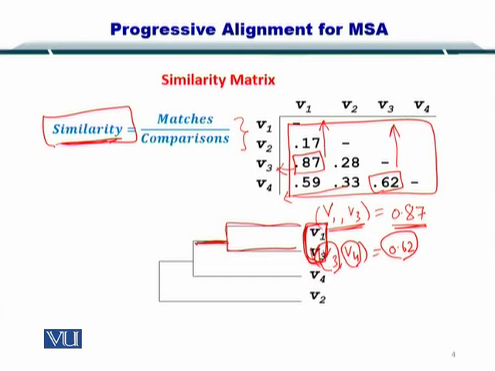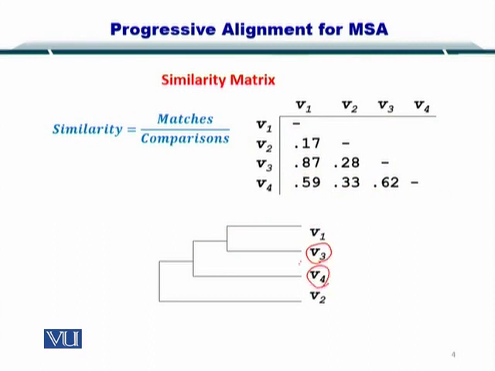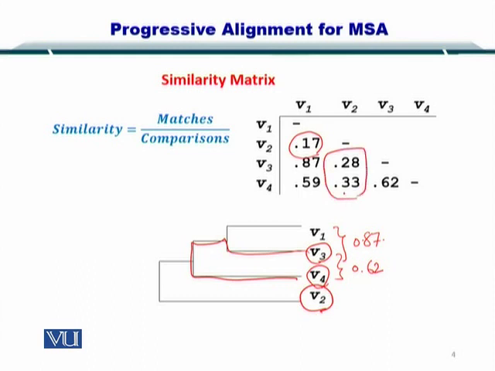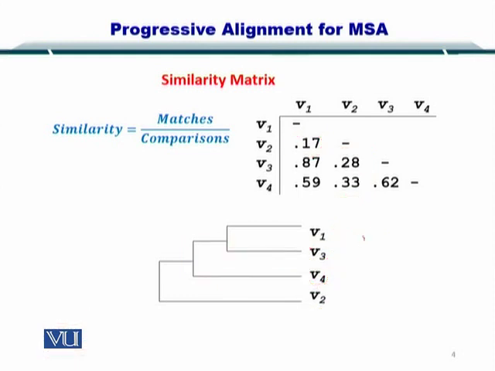So V3 is here and V4 is next to V3. And in the end, you have V2, which scored the least in comparison to the other sequences. So in this way, you have constructed something called a guide tree, and you have put most similar sequences on the same branch, followed by other sequences that are increasingly different from them.